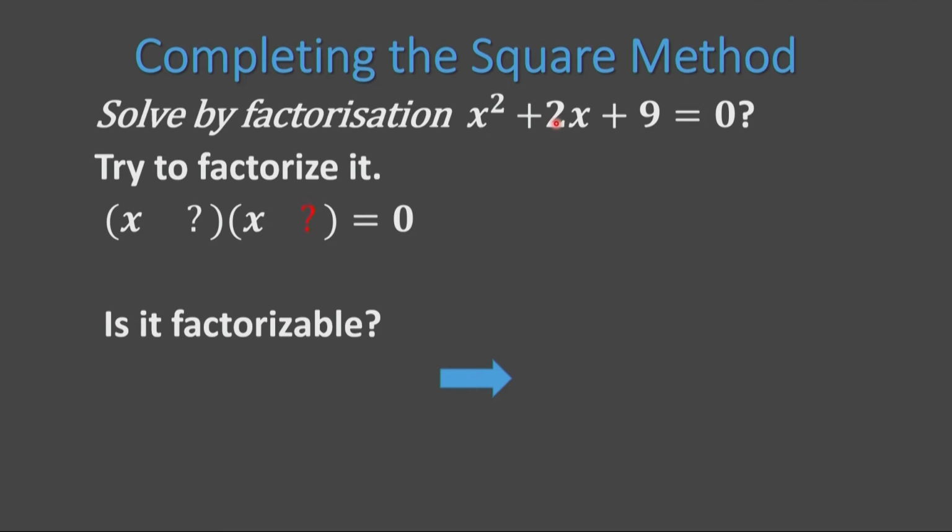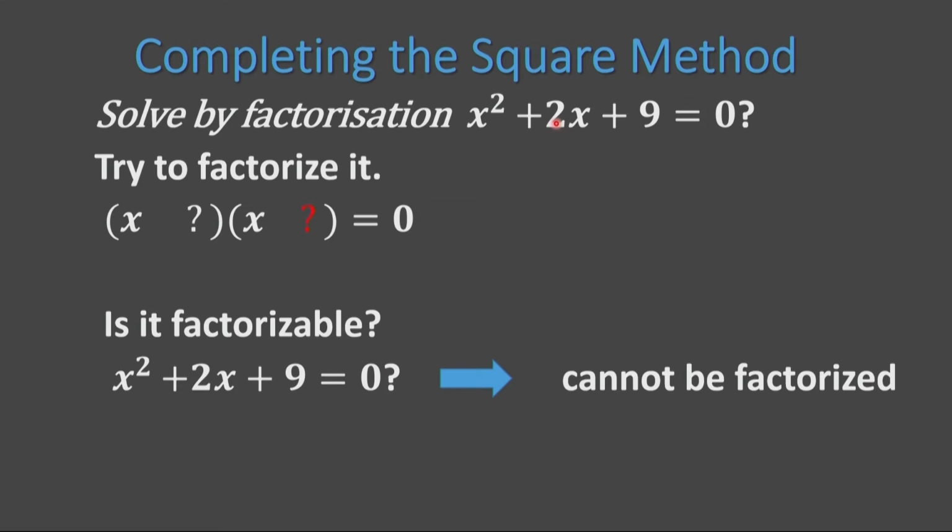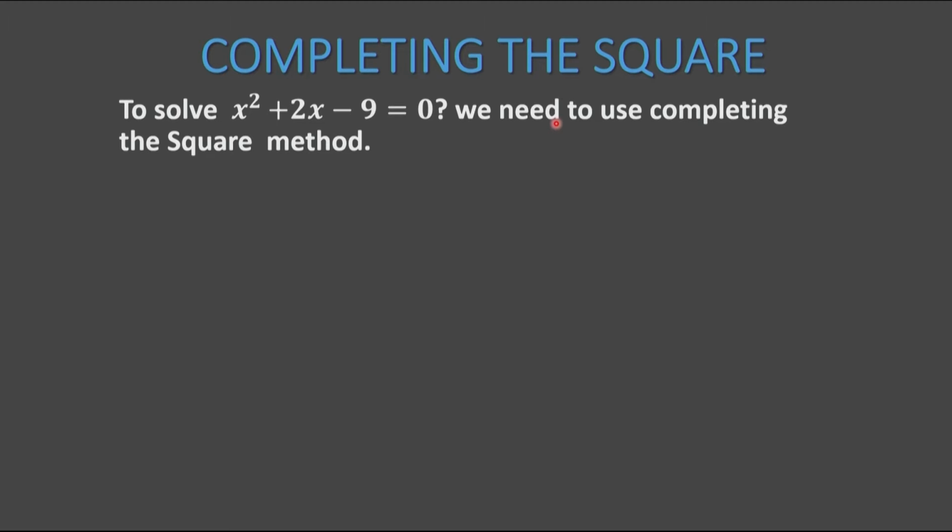So it's important you learn it, all right? Did you come to the same conclusion as mine? We cannot factorize it. So we go to a new method, completing the square. Are you ready to go with me?